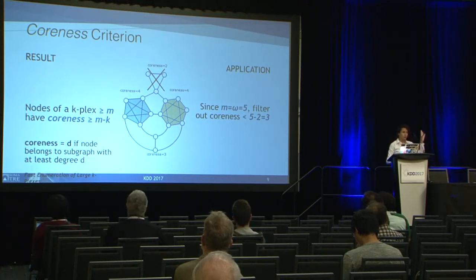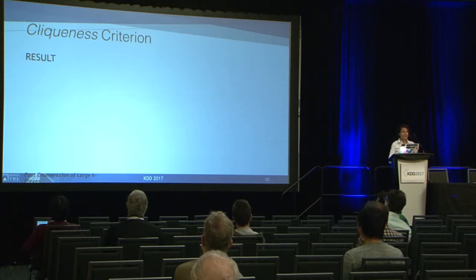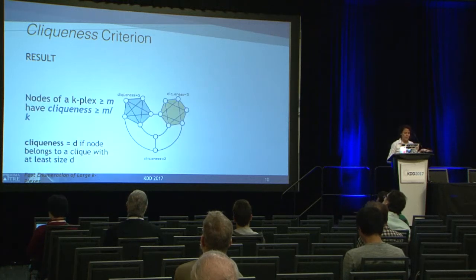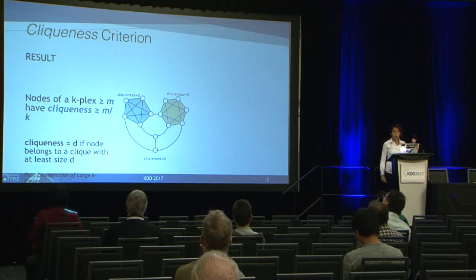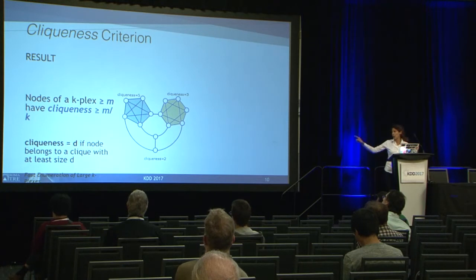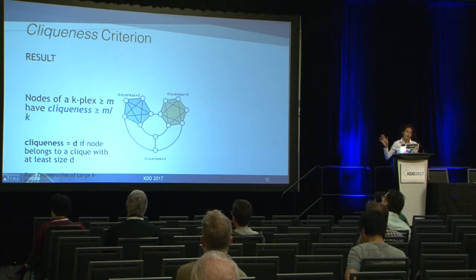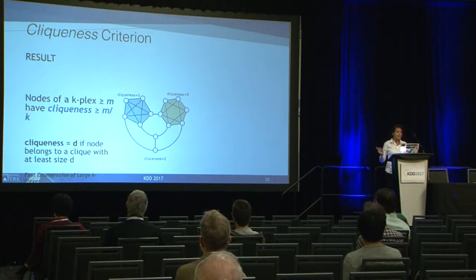Here m is the number of nodes, omega is the size of the largest clique. So you can filter out everything having coreness smaller than 3. Okay, so the first 3 nodes are gone. The second criterion is cliqueness. I'm not drawing all the red nodes above because we already filtered them out with coreness. So now we need to filter out the nodes below. We can do that with cliqueness. We were able to prove that nodes of a k-plex larger or equal than m have cliqueness larger or equal than m over k, not minus.